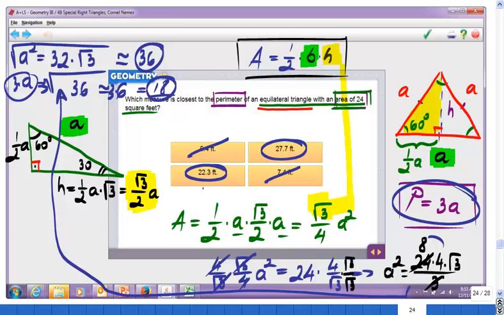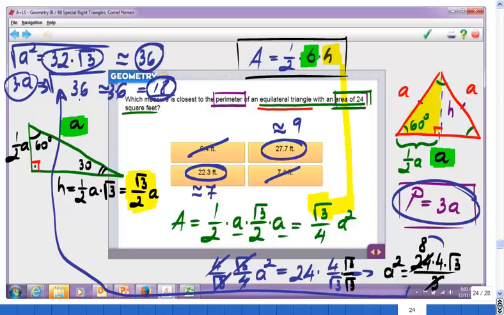Each one of these is telling you that your side was approximately 7 in one case, and approximately 9 in the other, right? And all you have to compare now is: is that 32 square root 3 closest to 49, or closer to 81, which is your 9 squared?